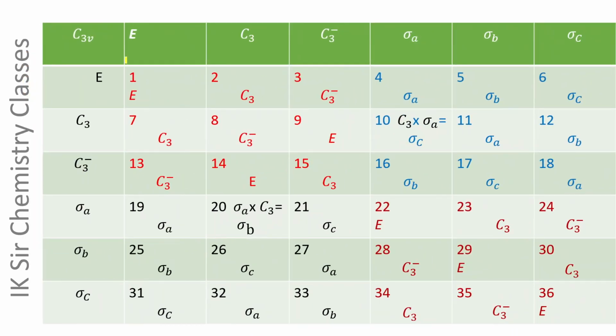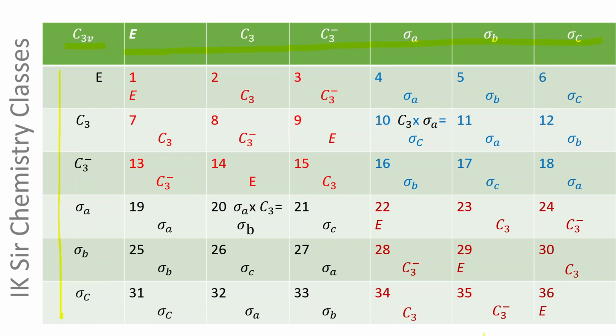It is the multiplication table for C3v point group. 6 symmetry operations E, C3, C3 squared, that is C3 inverse, sigma A, sigma B, and sigma C have been kept in vertical positions. And these 6 symmetry operations have also been placed in the horizontal position.